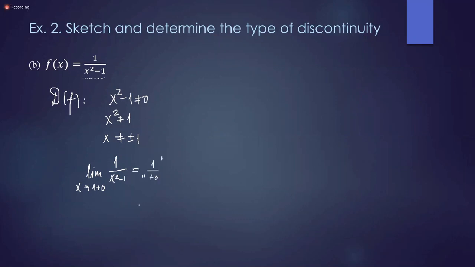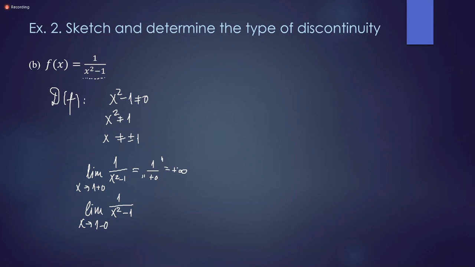So this is plus infinity. When we have limit x tends to 1 minus 0 from the left, I haven't sketched anything yet. So x tends to 1, but it's slightly less. So x squared is slightly less than 1, and so slightly less than 1 minus 1 is slightly less than 0. So it's negative 0.